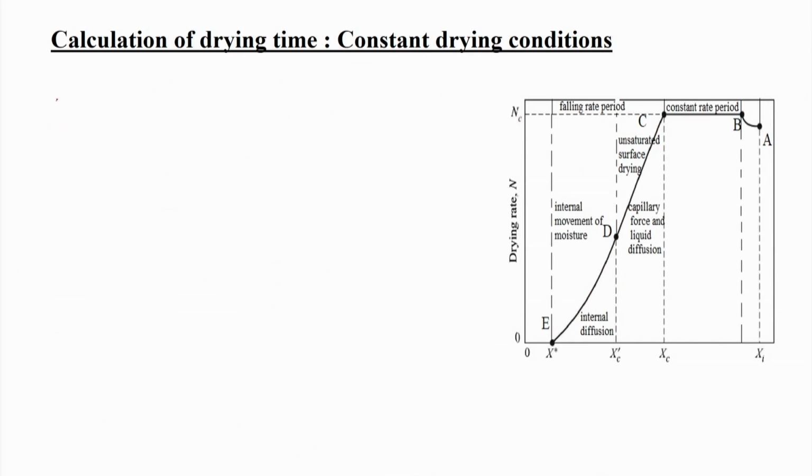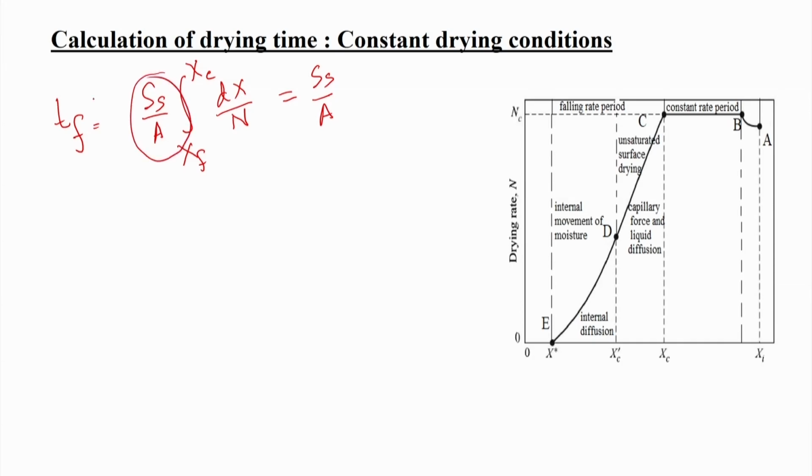So, for the falling rate period, this t f will be S s by A into the integral from x f to x c of d x by n. In place of this we write S s by A, because we have excluded it from the integration. These are constant parameters, then we integrate x f to x c d x by n, where n is equal to m x plus b.